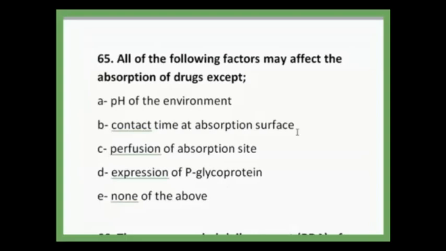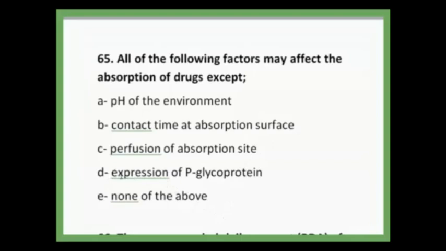Now C option is perfusion of absorption site. Perfusion means blood supply at the absorption site. We know that if more blood supply is there at a site, more chances of absorption will be there. So this option is also one that will affect the drug absorption.